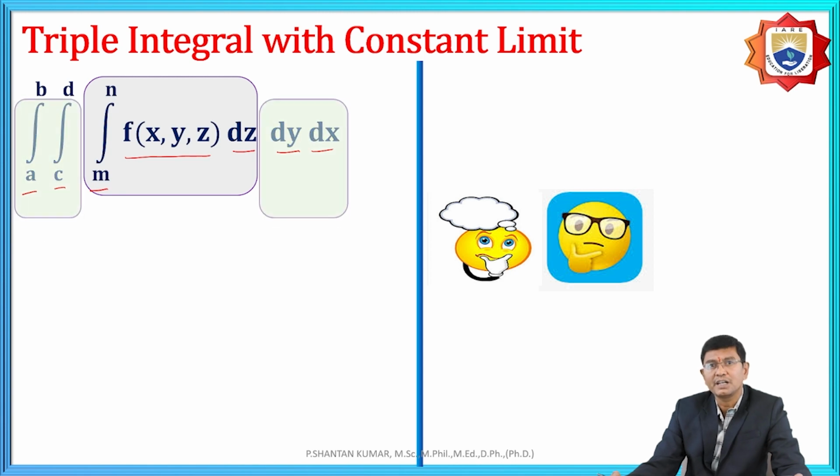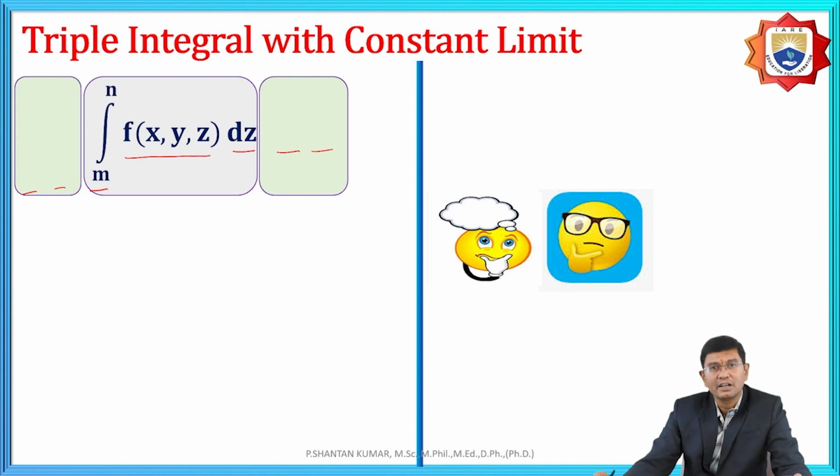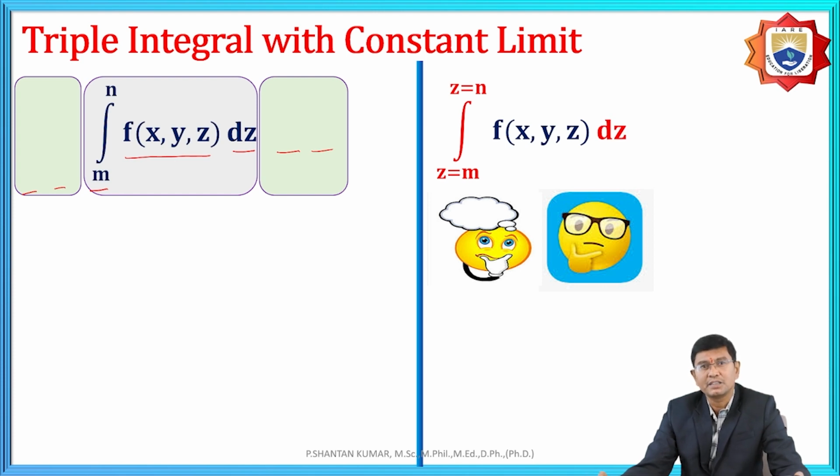Now we first integrate with respect to z, and then x and y remain. Whatever we get after integrating with respect to z is treated as a function g of x comma y. That means after substituting the z limits, the expression is in terms of x comma y.